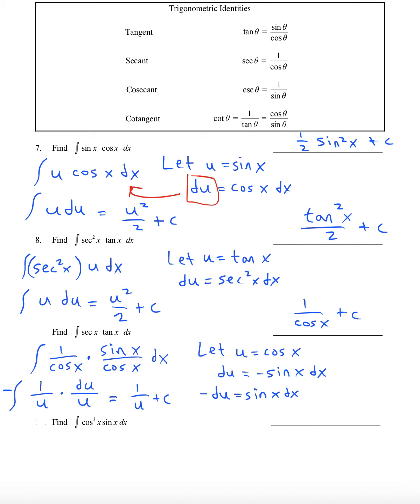Try the last one. Decide whether you want to let u be cosine x or sine x, or perhaps something different.